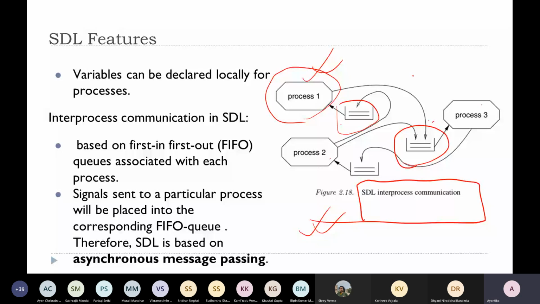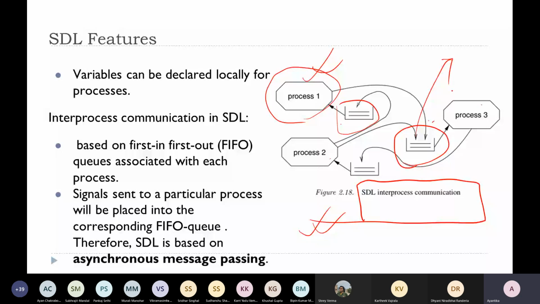But the problem is, if process 1 is creating too many signals within a particular time frame, then how much is too much? How will you model that prior? That means it is the challenge to decide the size of these individual SDL queues or message queues.